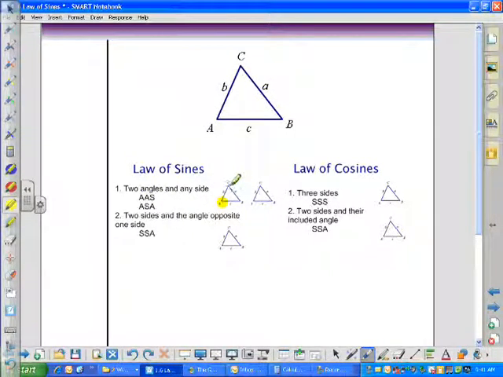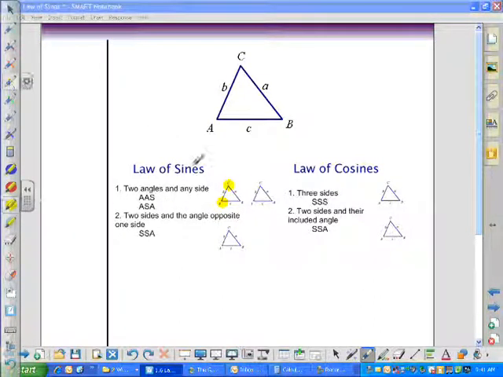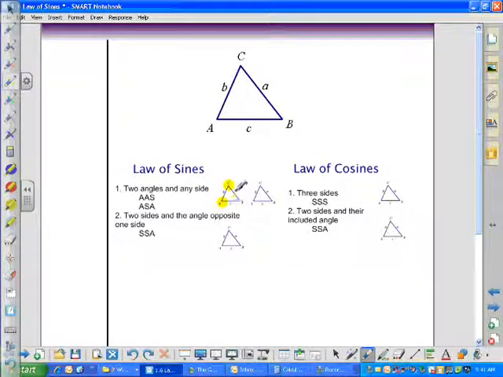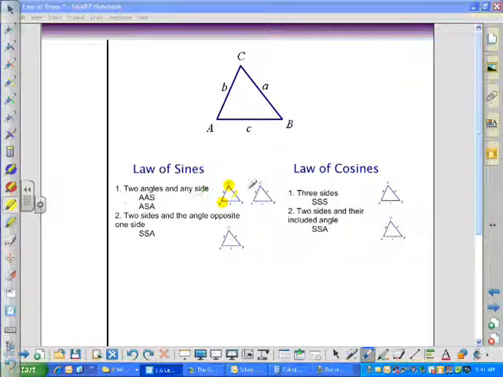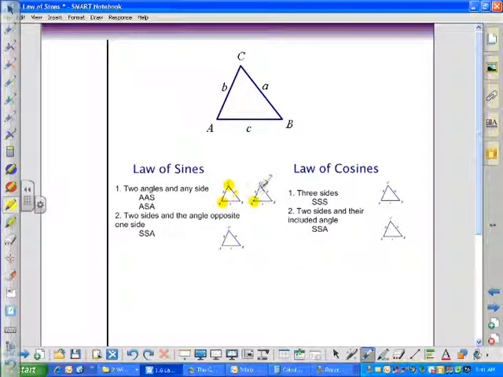So we have those two angles, and then we also have this side over here. That's an angle, angle, side setup. But it also works if I have what we call angle, side, angle. So if I know two angles and then the side that's in between them, I can use the law of sines. Okay, so angle, angle, side, or angle, side, angle.